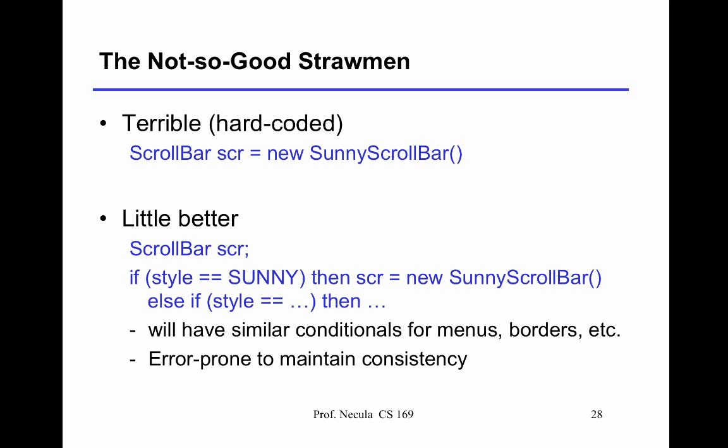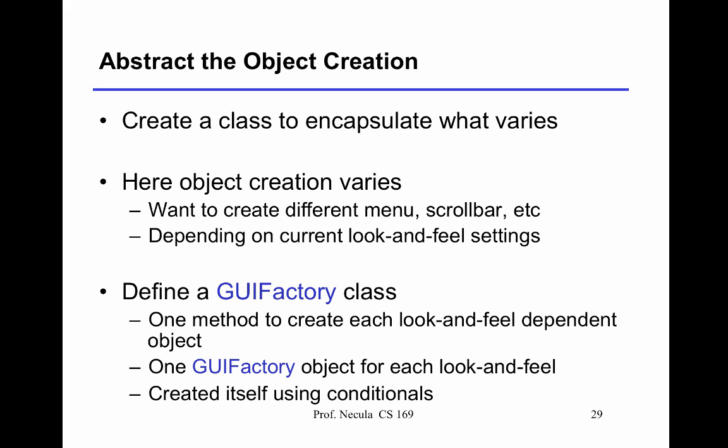All I need now is to hook these classes in the right places, to create the right classes whenever I need the scroll bar. So I need to somehow get more control over the object creation. Wherever I need to create the scroll bar, I want to have something that abstracts this mess. So I need to abstract the object creation.